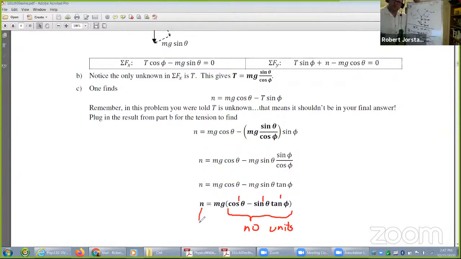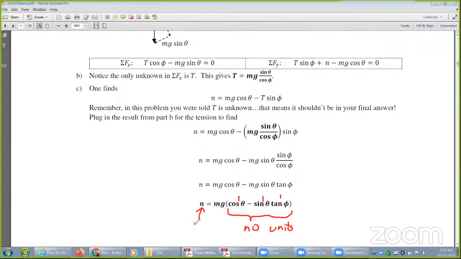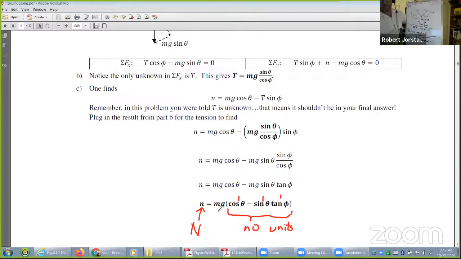So what are the units of lowercase n? It's normal force. What are the units of a force? Newtons, capital N. And remember, I said the units of force are kilogram meter per second squared.